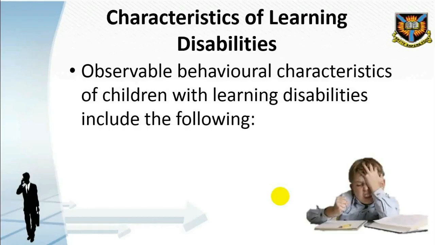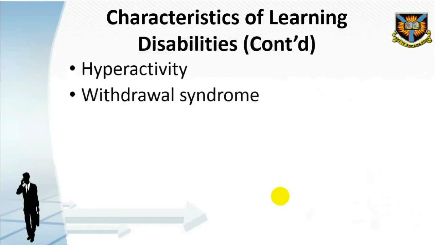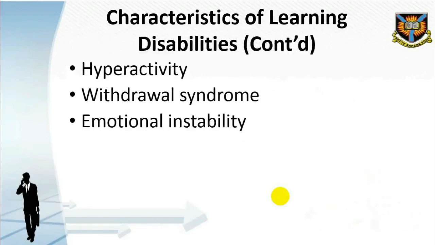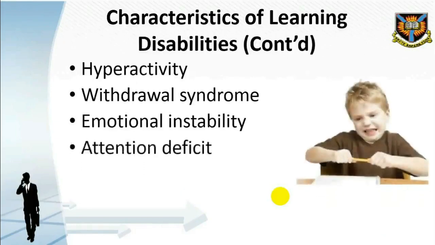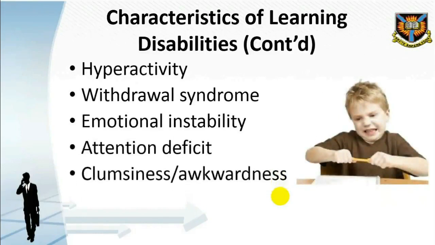Observable behavioral characteristics of children with learning disabilities include the following. 1. Hyperactivity. 2. Withdrawal syndrome. 3. Emotional instability. 4. Attention deficit. 5. Clumsiness or awkwardness. 6.